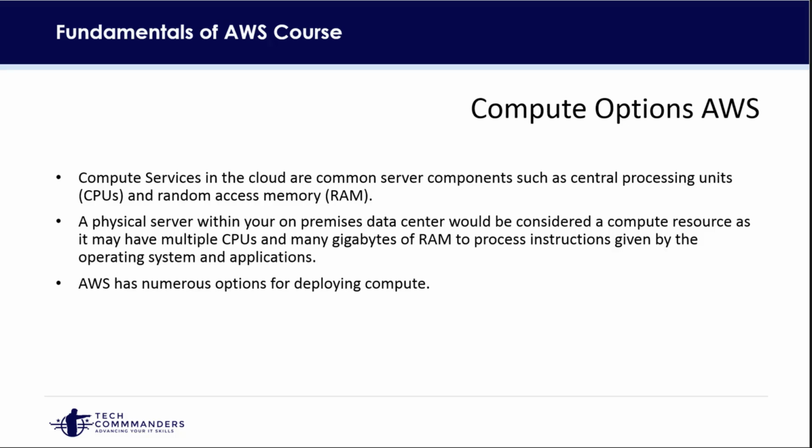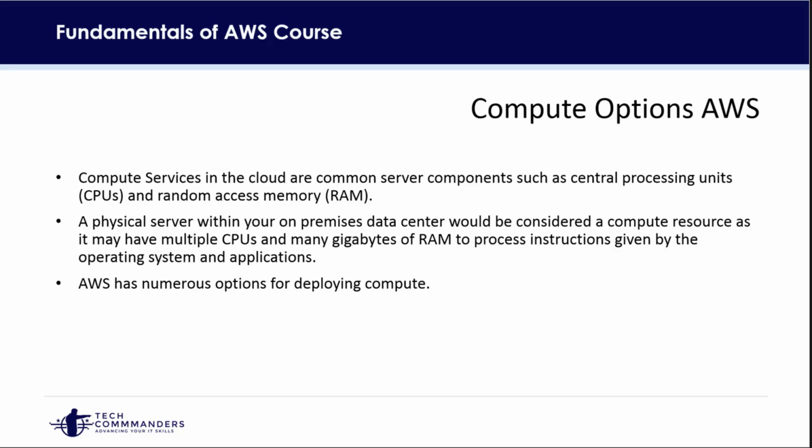Now, basically, if we had a physical server on-prem, that's of course our server. But when it comes to deploying compute services in the cloud, we're effectively using resources that are virtualized. This is, of course, really important to be aware of as well.